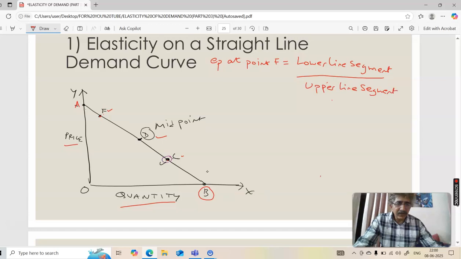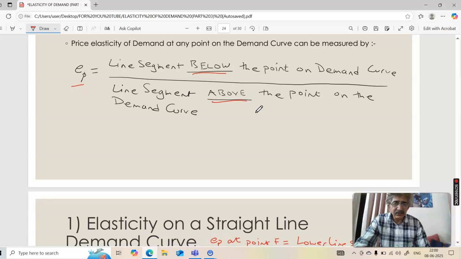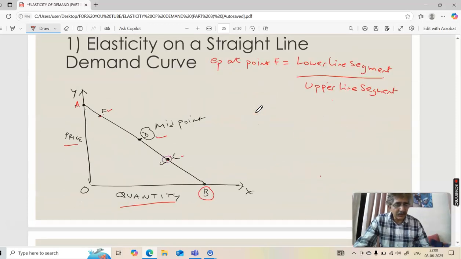The formula which I showed you on the previous page can be written in short like this: lower line segment and upper line segment. Now what it means, let's pay attention.